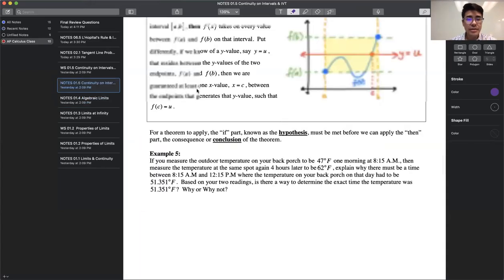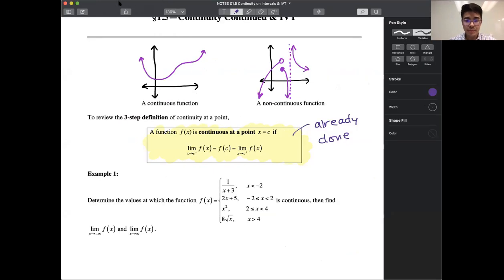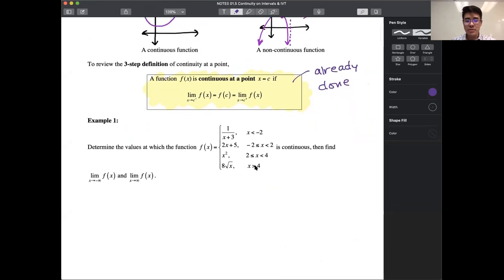Okay. Let's move on to our continuity. We've had this discussion. Let me get rid of this thing first. We have our definition of continuity over there. You're not going to get a crazy piecewise function like this.